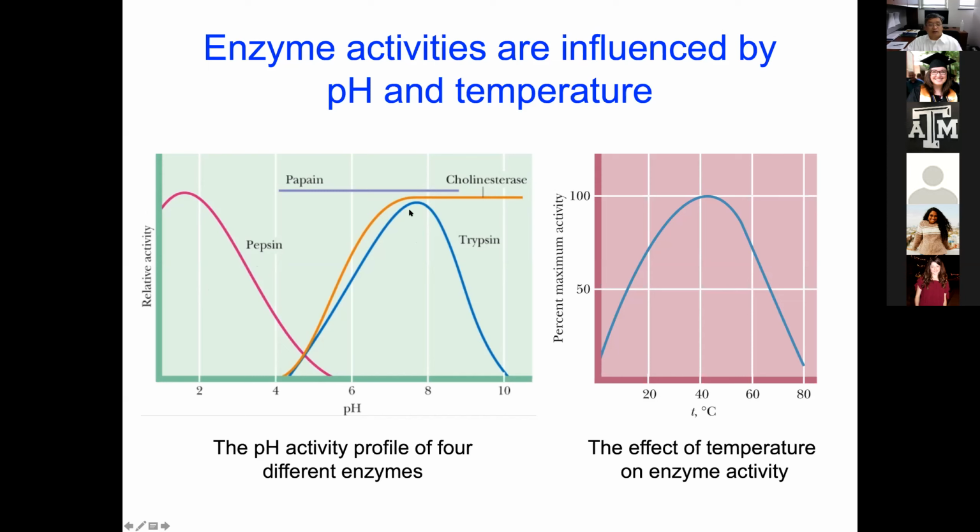But in our digestive tract, in the intestines, we have trypsin, and you see trypsin is quite active at neutral pH, but completely inactive at acidic pH. The reason for this pH dependence we'll talk about later, when we talk about how enzymes catalyze reactions.